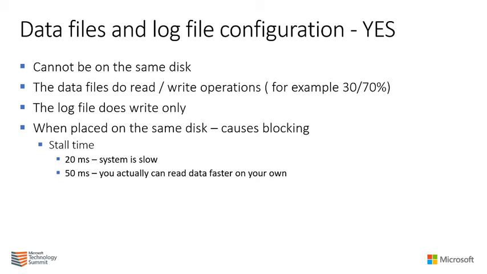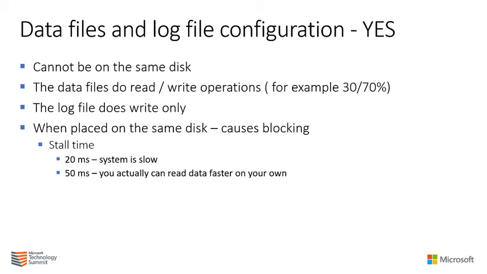The log file can only write data. So you see, when you place them on the same disk, when you read data from the data file, you can actually block logging. And that's really a problem, because that can also cause queries to be slow. So what to do? Well, separate them. Put one disk for the log and another disk for the data files, and you have solved the problem.